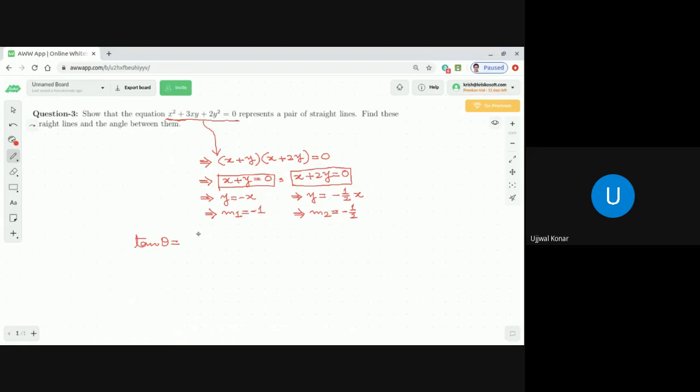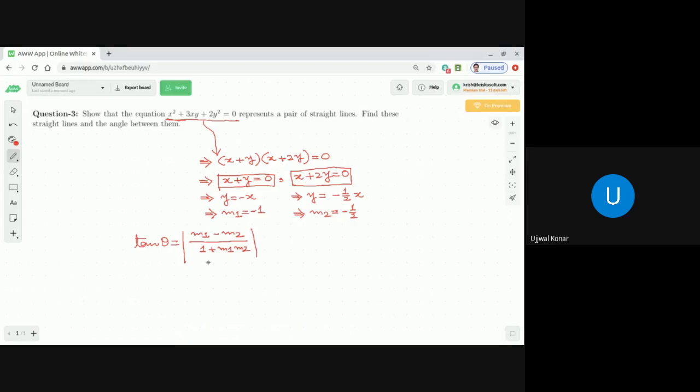One is by using the formula tan theta is equal to mod of (m1 minus m2) divided by (1 plus m1 into m2).